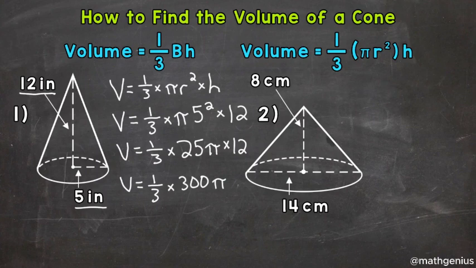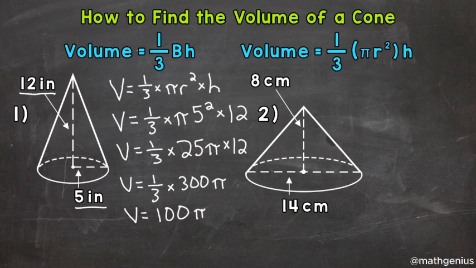So 1/3 times 300 pi. Now we have 1/3 times 300, or 1/3 of 300. That will give us 100 pi. And that's our answer in terms of pi.